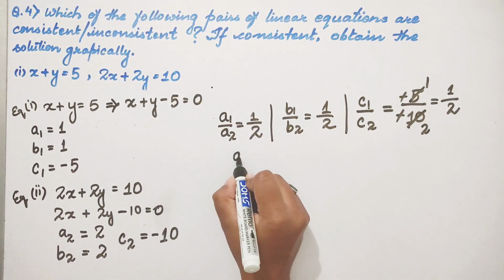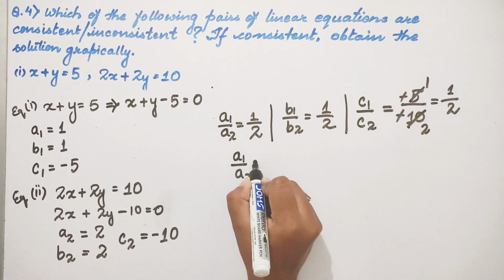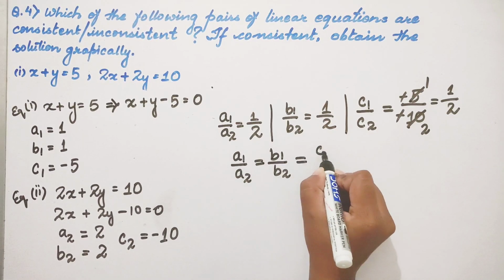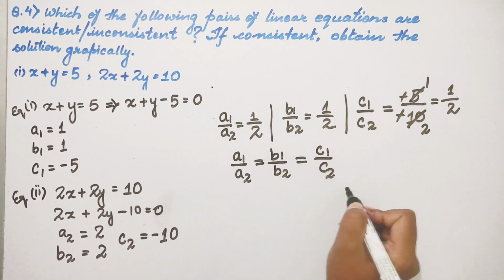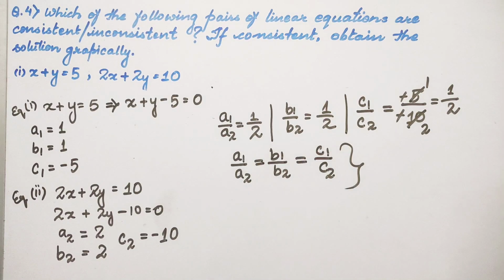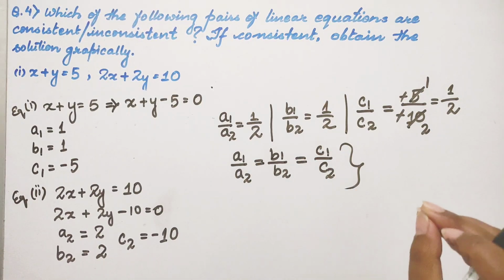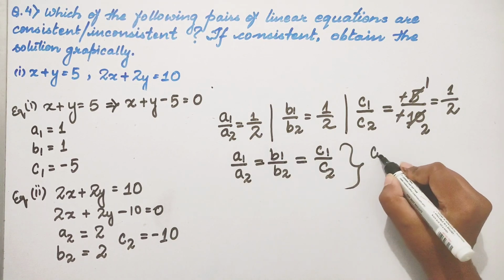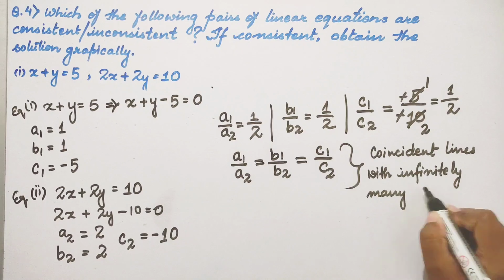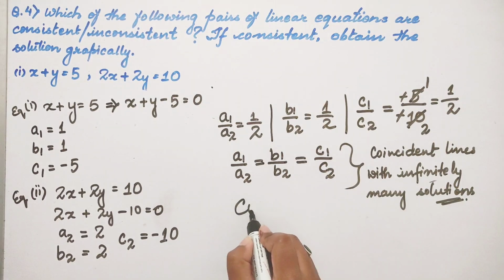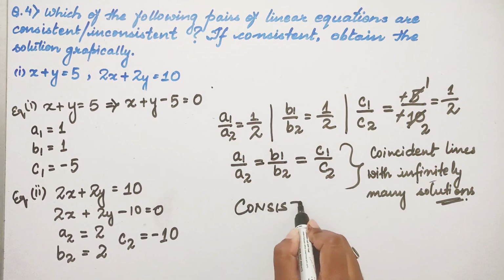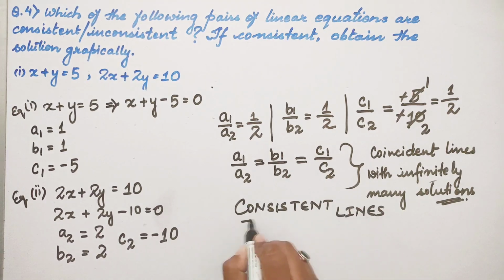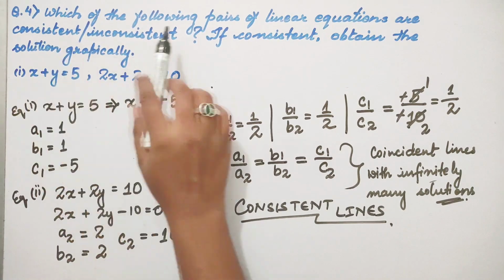So here we can see a1 by a2 is equal to b1 by b2 is equal to c1 by c2. From the condition, we know that these are coincident lines with infinitely many solutions. Those lines are known as consistent lines.